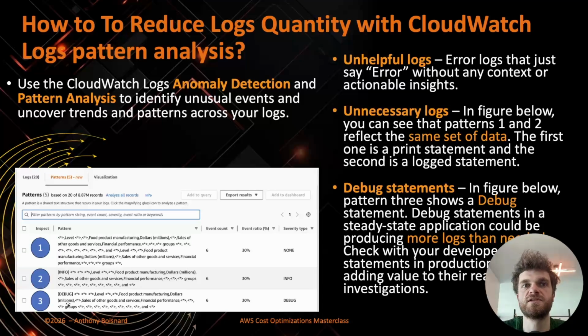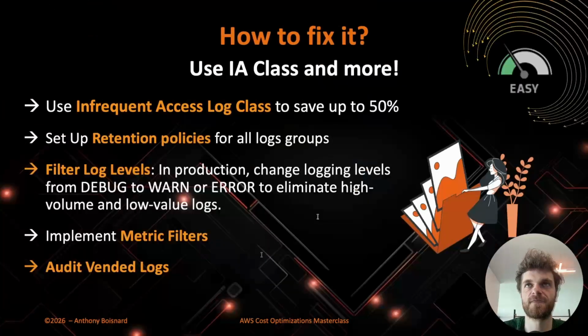And also for debug statements, you can see that pattern 3 shows a debug statement, and debug statements in a steady state application could be producing more logs than needed. So just check with your developers if debug statements in production logs are adding value to their real-time investigations. So you can see that you can optimize CloudWatch log groups in many ways.